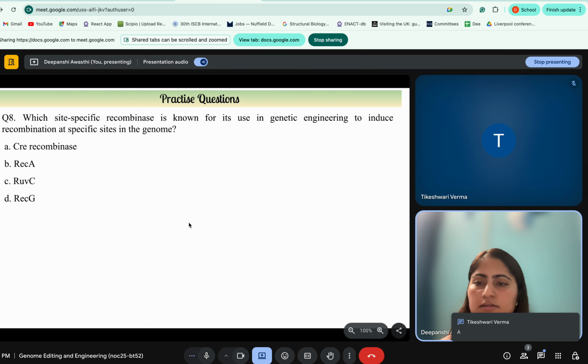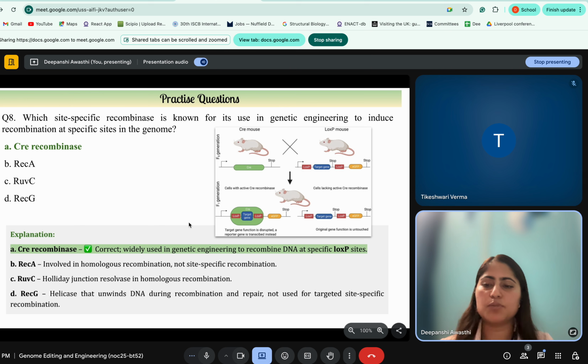So yeah, option A is right, which is Cre recombinase. We have seen that this is most commonly used. The site which it recognizes is the loxP site, and depending on the orientation of the loxP site, Cre recombinase decides whether to excise the DNA, to invert the DNA, or to translocate that particular stretch of DNA.